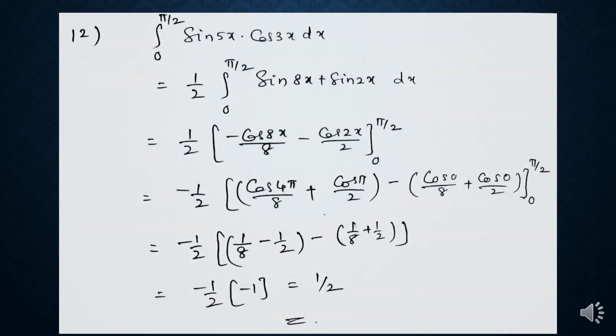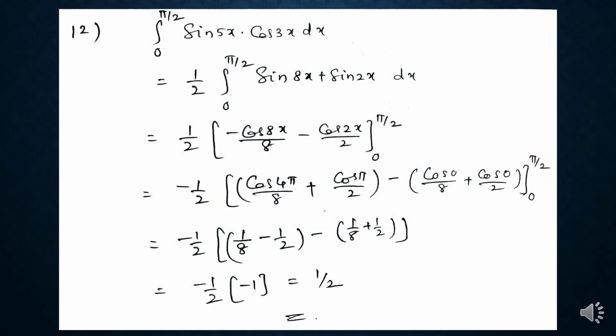Next, evaluate integral 0 to pi by 2 sin 5x into cos 3x dx. Here the given integrand is a product of two trigonometric functions. This can be written as a sum of two trigonometric terms by using transformations.